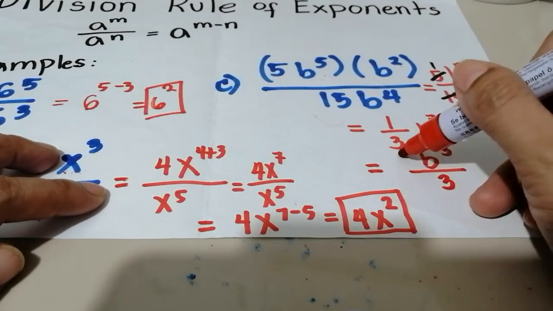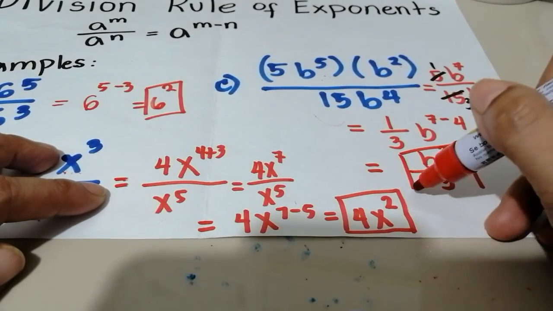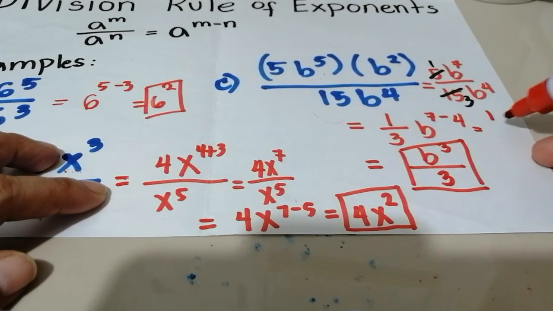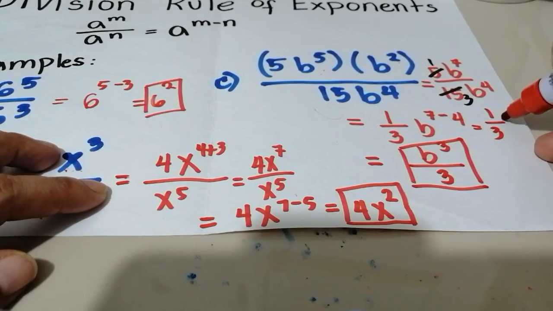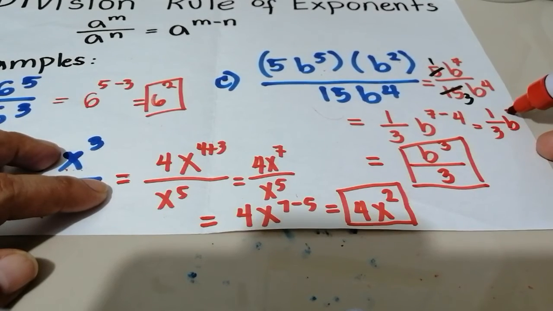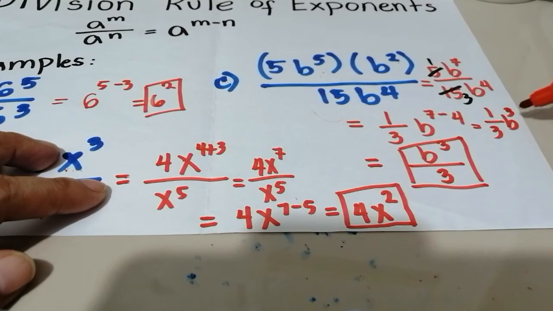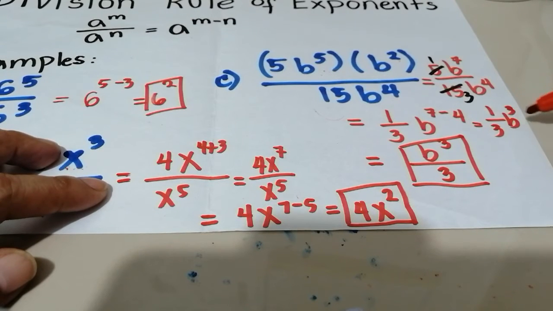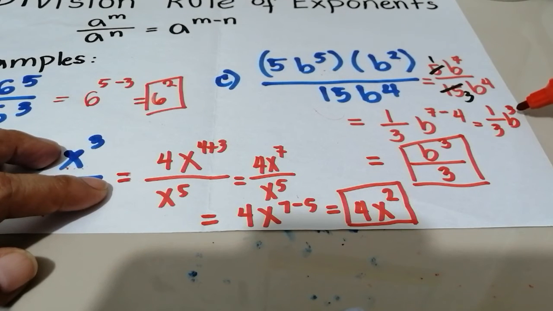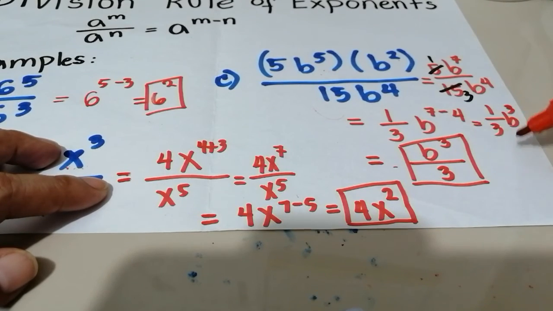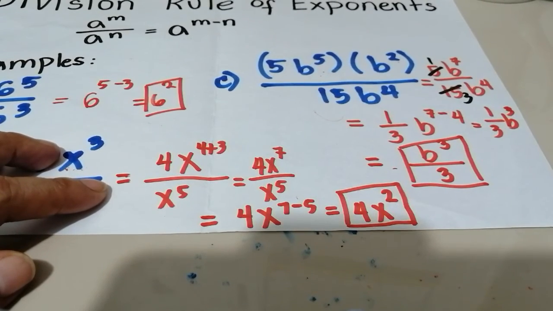Okay? So, this is the final answer. Bakit over 3 dito? Kasi ito is 1/3. And then, b raised to the third power. Okay? Since yung b naman ay nandito sa gitna, ibig sabihin, we just have to multiply 1 times b here. So, magiging b raised to the third power over yung 3 na denominator natin.